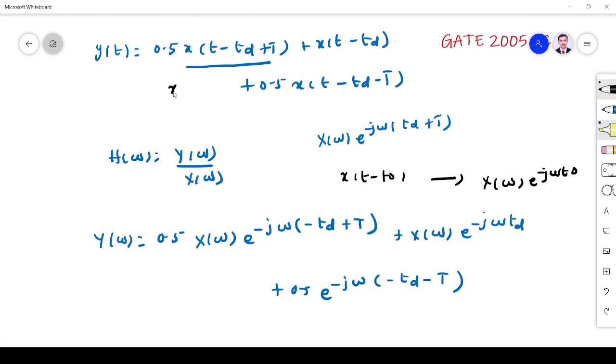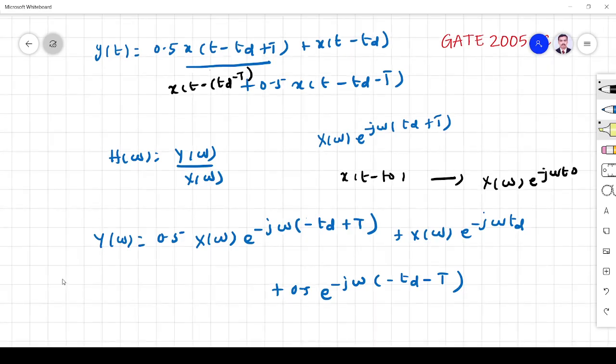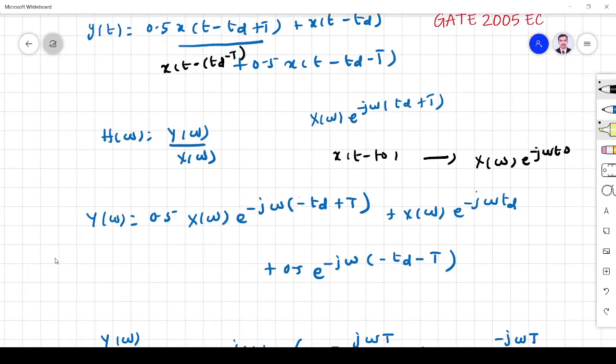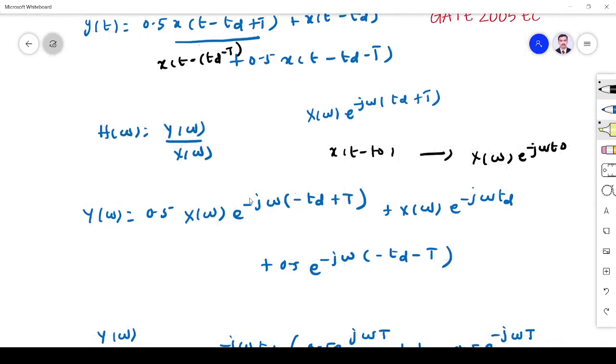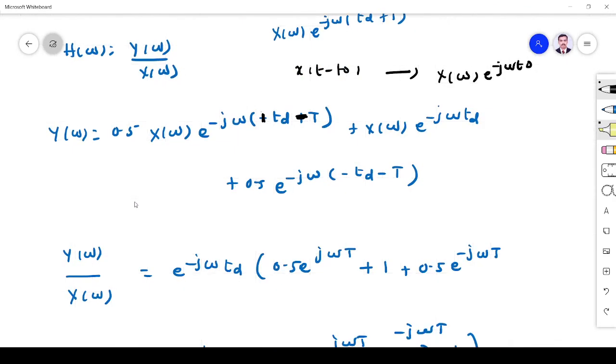This is x of t minus td minus t, so x of t minus t naught means e power minus j omega times td minus t, right? So this is the one.